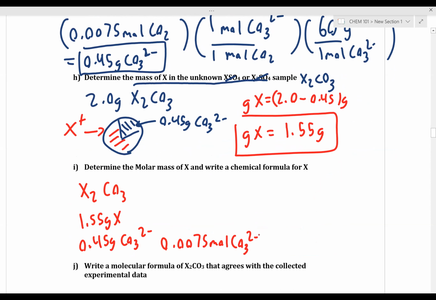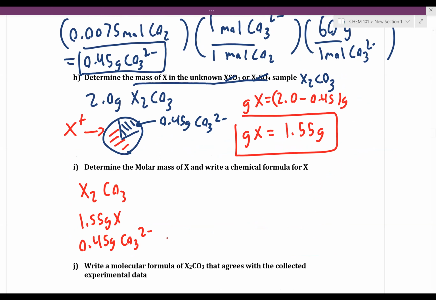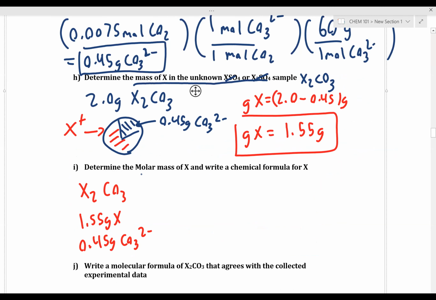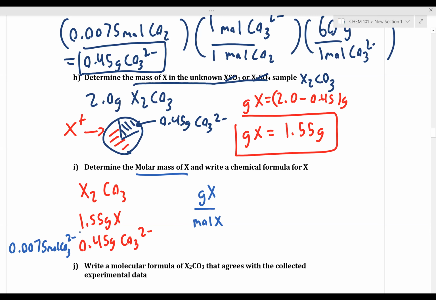Now, from this information, we're going to do a mass to mole conversion. So if we need to calculate the molar mass of X, we need the grams of X per mole of X. This is our goal, right? So then, do we have enough information, given that we know the moles of carbonate? We have the grams of X right here, so we have that checked off.